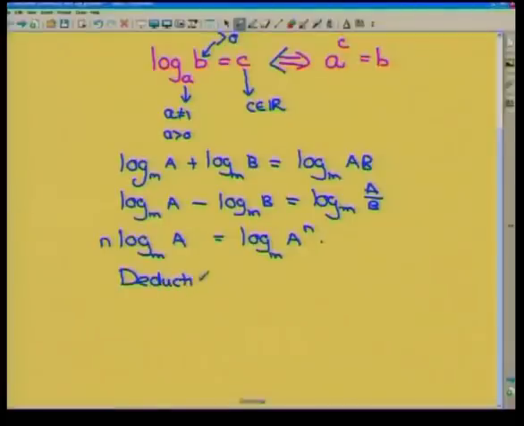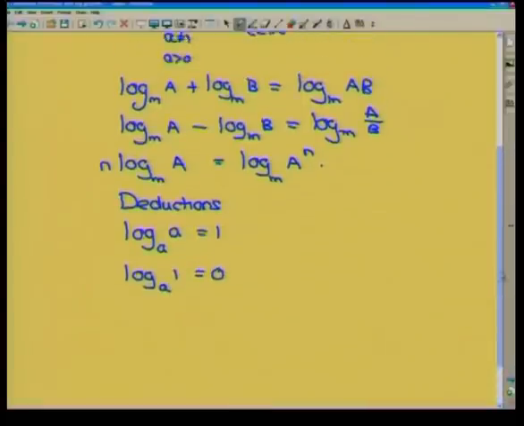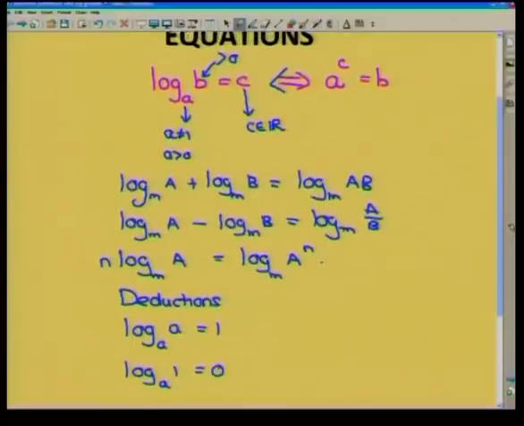Right, now at the end of the laws, we also have our deductions. And those are quite useful when we're working here. The first one says log to the base a of a is 1. And the second one that's very useful is log to the base a of 1 is 0. We might need others, but I think that's good enough for now, just to recap for ourselves how this is done.